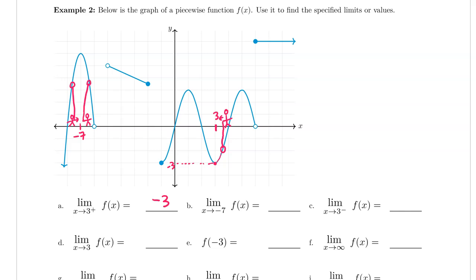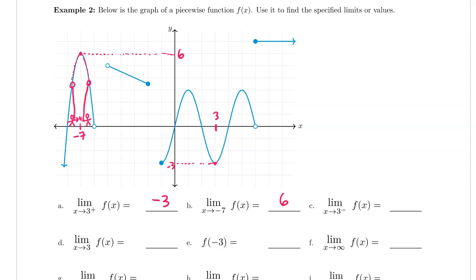So as they're walking closer and closer to -7, both of the balloons are kind of going upwards, and the position that it's approaching is this ordered pair right here. And so the y value that's being approached is 1, 2, 3, 4, 5, this is 6. So for part B, our answer is 6.